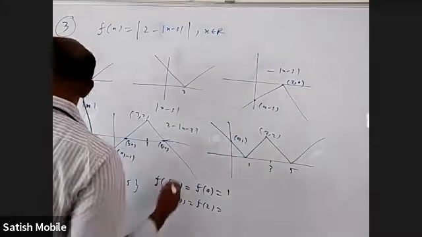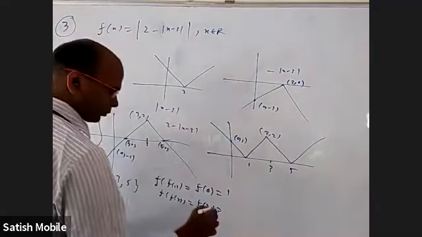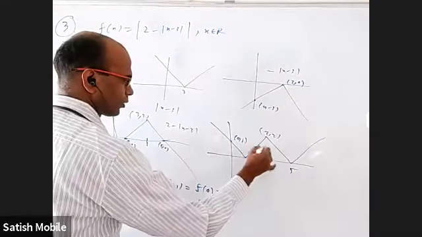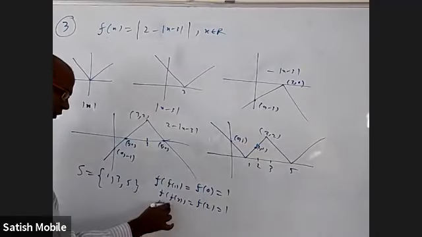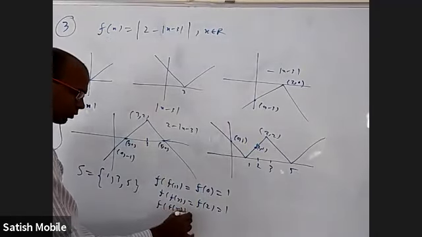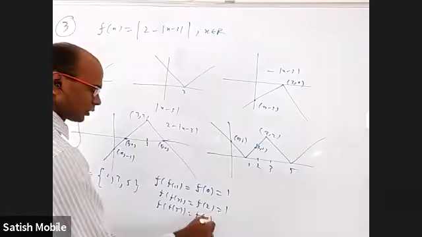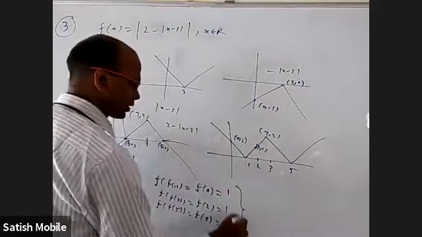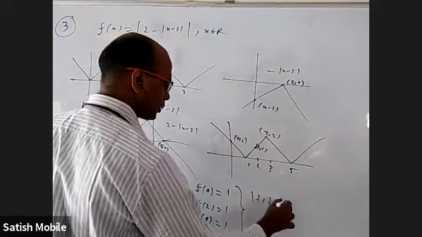And f of 2 will become 1. This point is 2 comma 1. F of 5 is also ultimately 1 only, because f of 5 is 0 and f of 0 is 1. So when you find f of x for each value of this, we got 1, 1, 1. They want the sum of these, which is 1 plus 1 plus 1, which is 3.